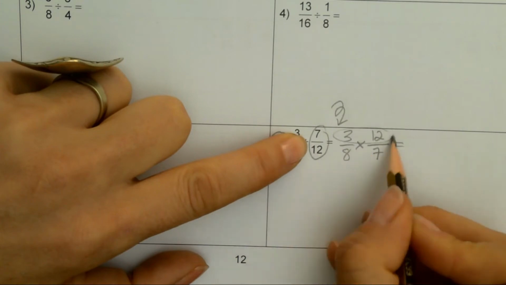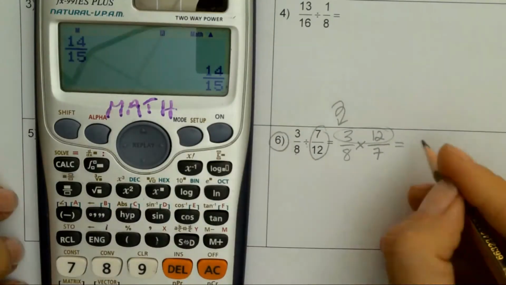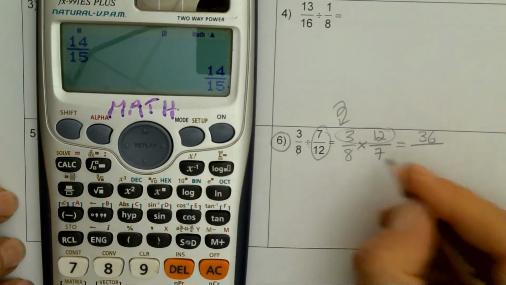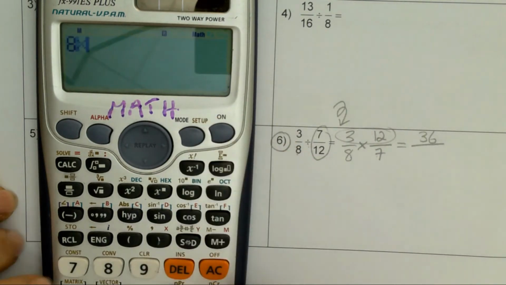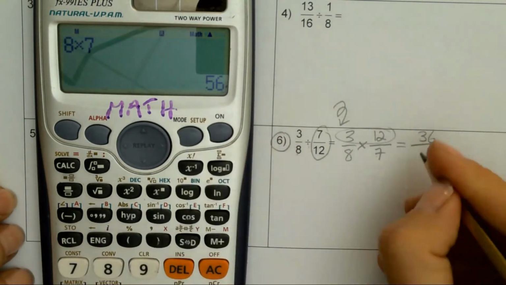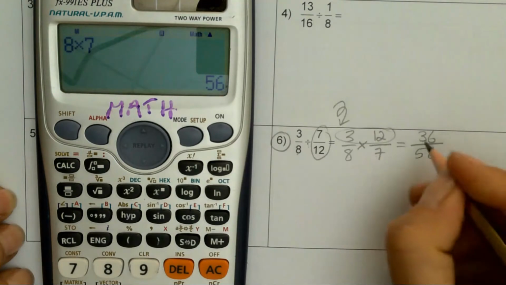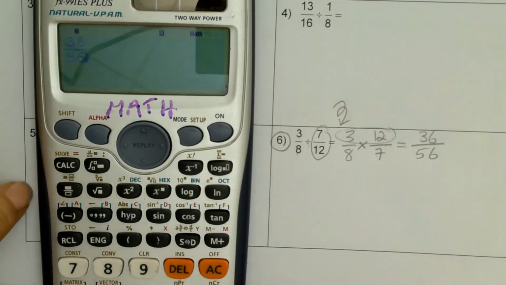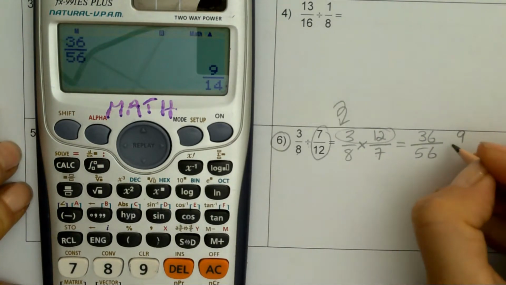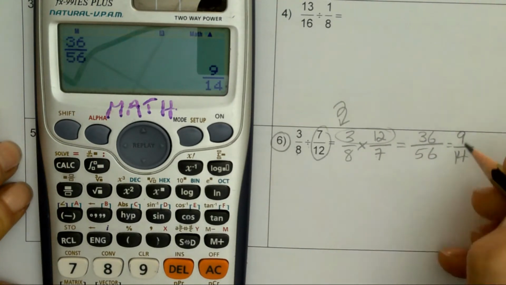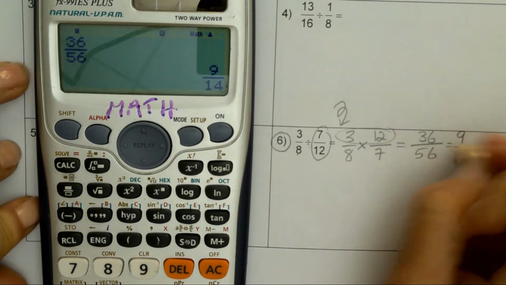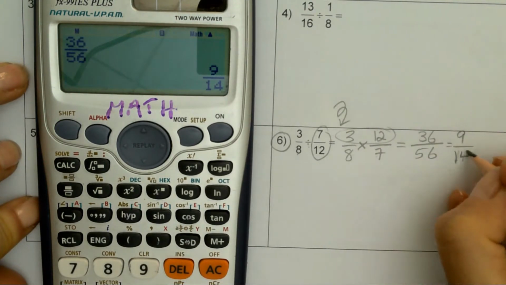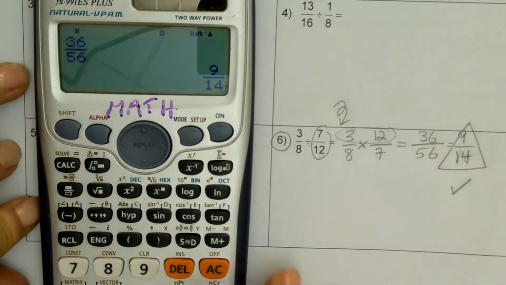That's easy. 3 times 12 is 36. 8 times 7, let's check, because 8 times tables are hard sometimes. 56. Let's check. Can I make that more simple? 36/56? Yes. That's 9/14. Let me write it nicer so you can see it. And it's small, big. So it's a proper fraction, so I'm done.